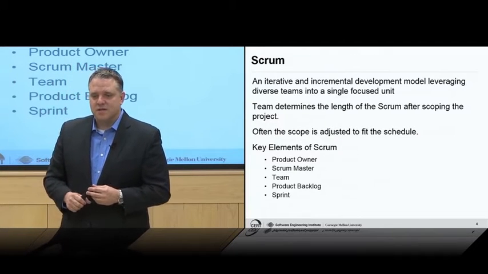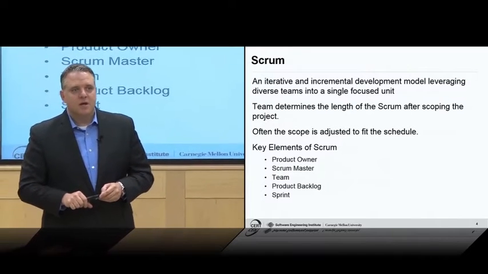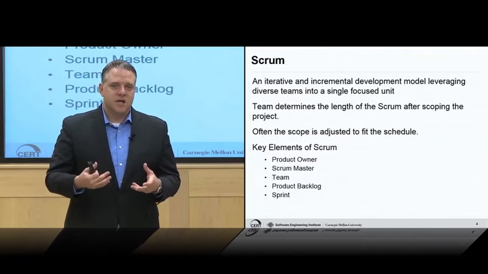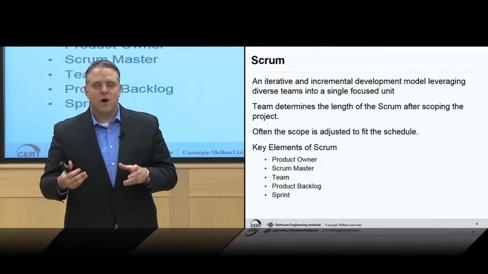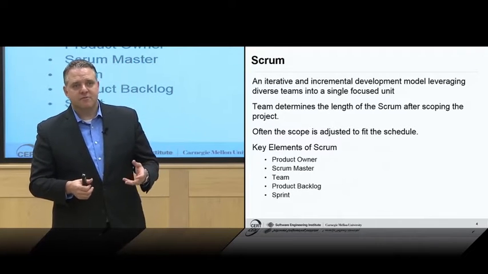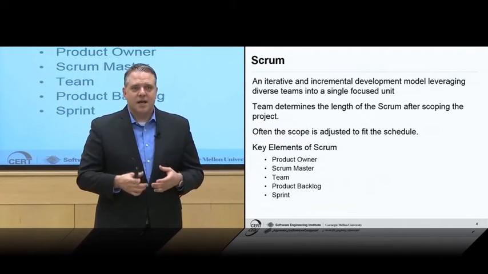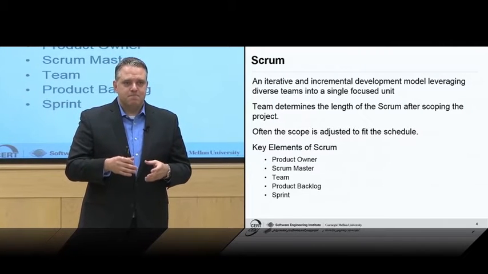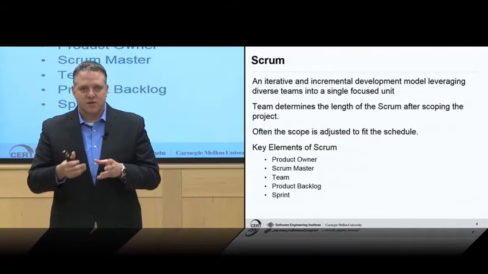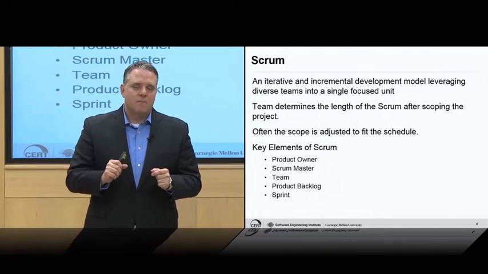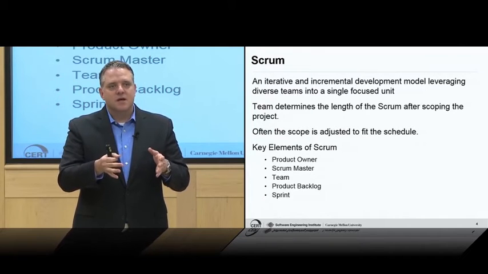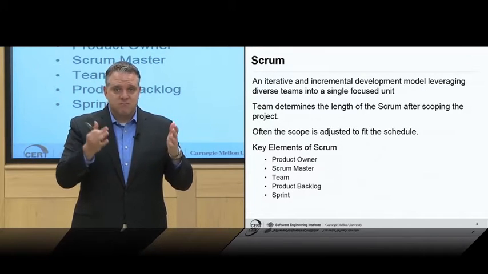So the first one is the Scrum development method. If you've heard terms like product owner, Scrum Master, or team, we're not talking about rugby here. We're probably talking about a development model. It's very iterative, it's very incremental, and it's about providing an actual product based on the schedule that's allowed. So with the Scrum model, you say, I've got X number of days, weeks, months to do something.